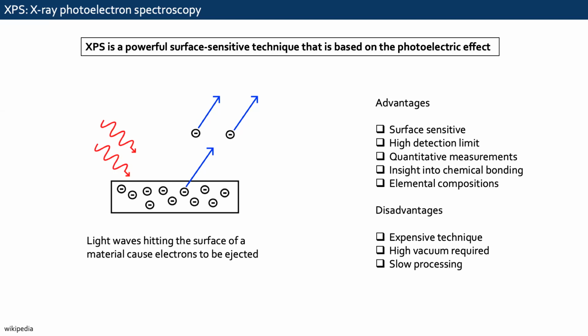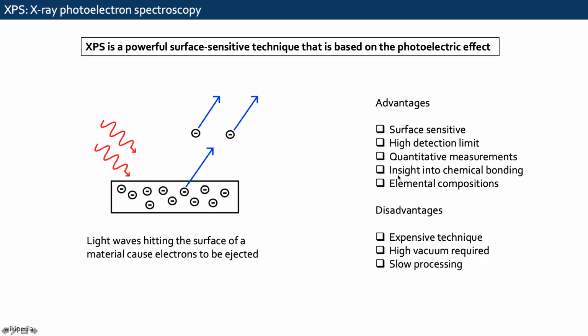You can quantify and get the exact percent of iron to copper. You can also get valuable insight into the chemical bonding, so it can tell you about the chemistry occurring in your system. You're not only getting relative quantitative values between elements, but also how they're bonded.